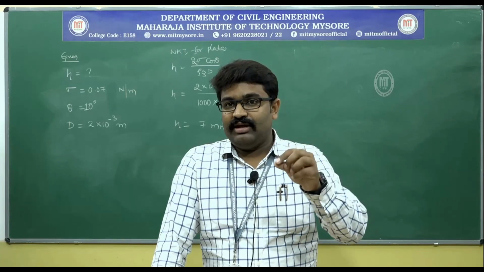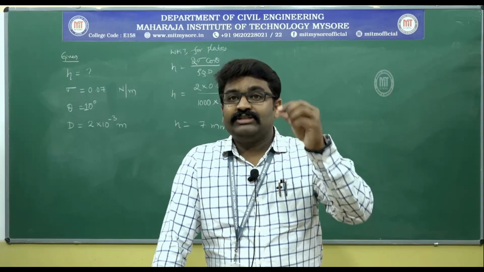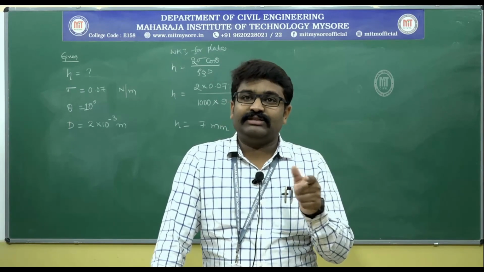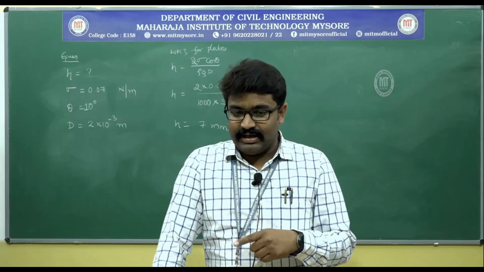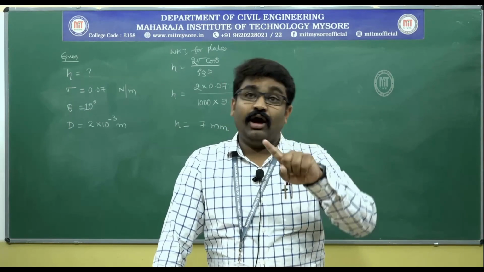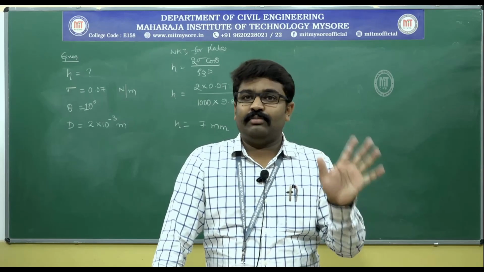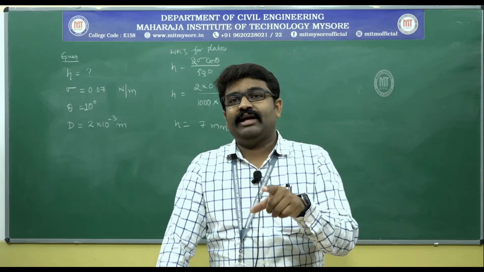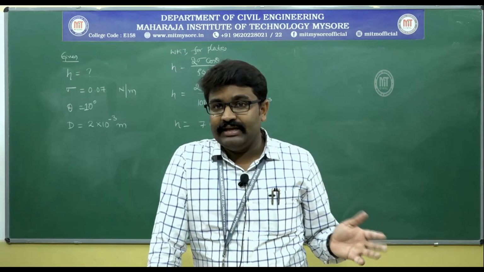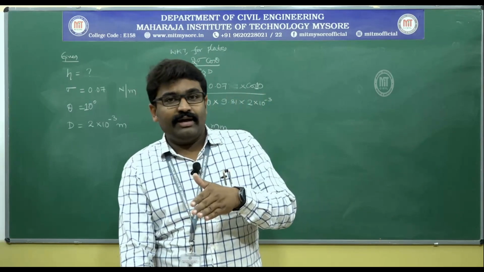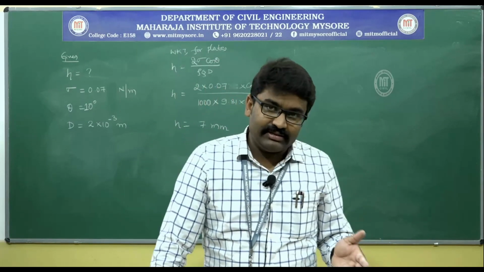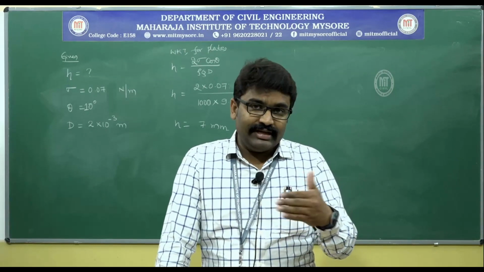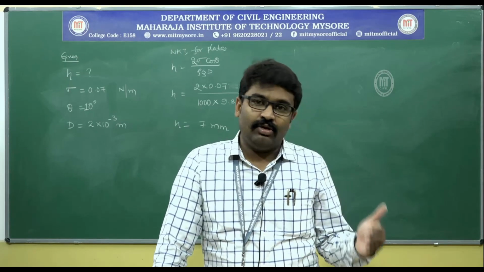Remember, all these terminologies do have synonyms. That means specific mass can be termed as mass density, or simply density also relates to specific mass only. Specific weight can be termed as weight density. Specific gravity can be termed as relative density, because it gives the density of a liquid in relation to the other liquid.